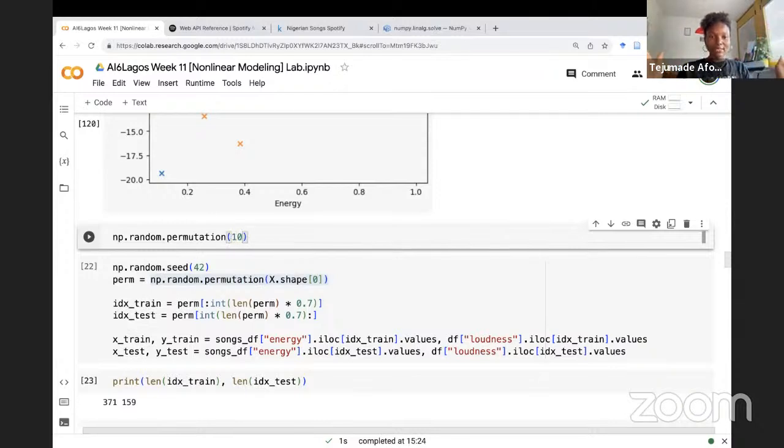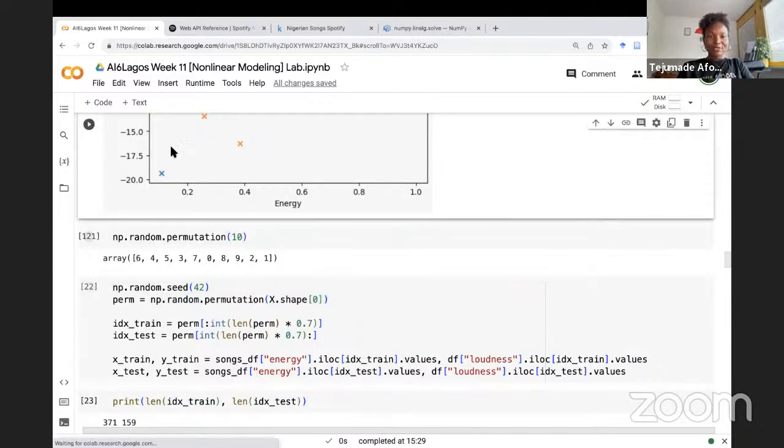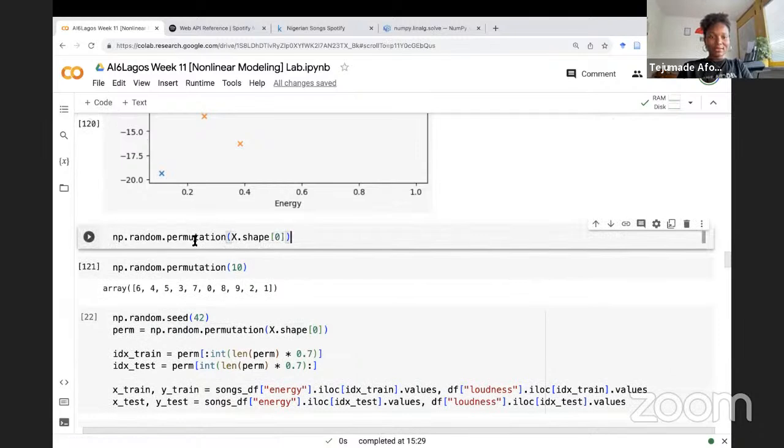It gives you 10 data that are a random permutation, between 0 and 10, I believe. Yes, you see that everything here is between 0 and 10, but it's different from if you did np.arange, let's say arange 10.